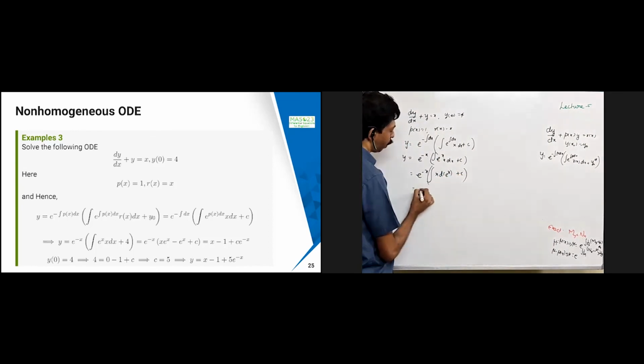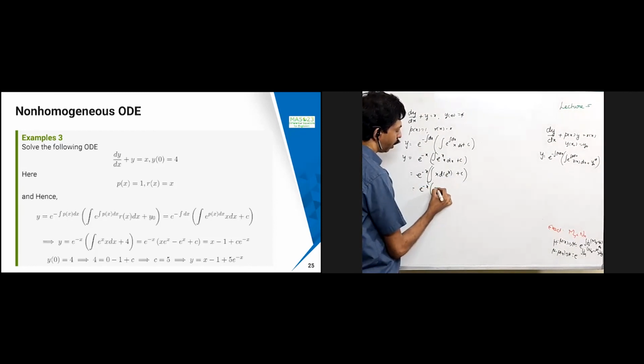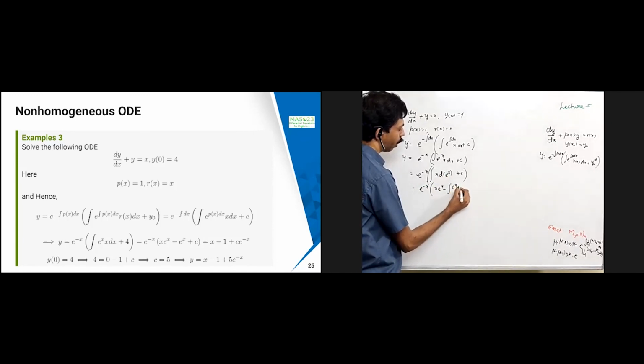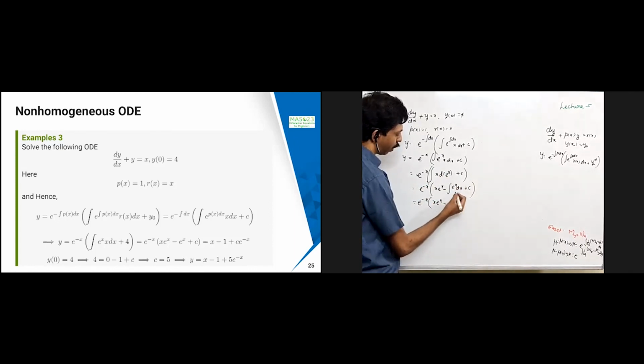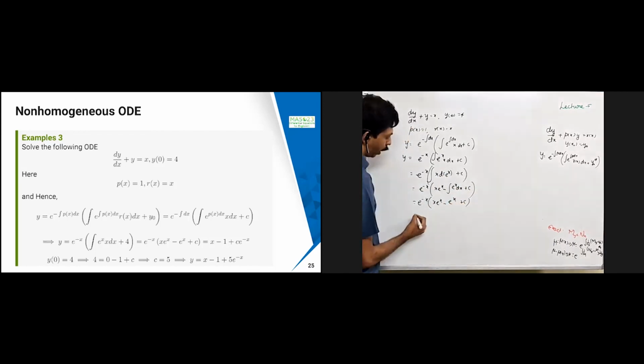So this is going to become e power minus x into udv, therefore x into e power x minus vdu, therefore e power x into dx, plus c. So this I can write as e power minus x into x e power x minus e power x, plus c. So I can write it as x minus 1 plus c into e power minus x.